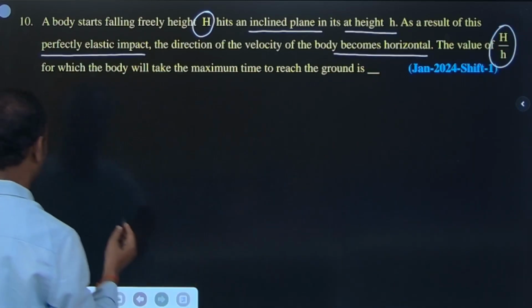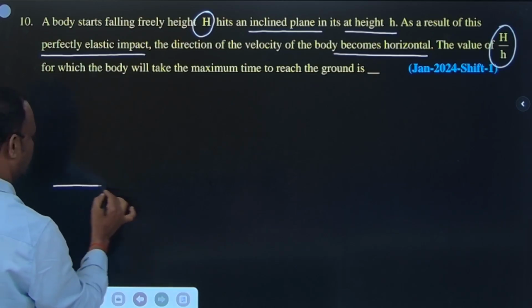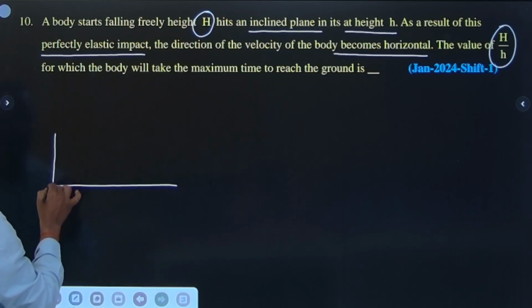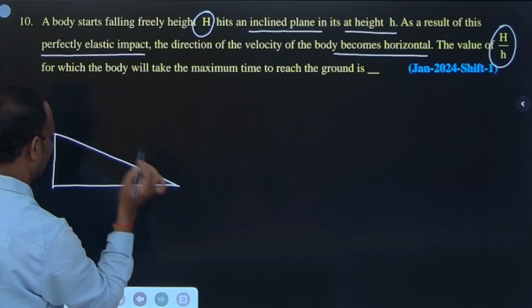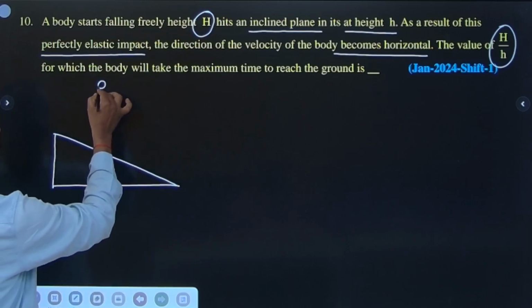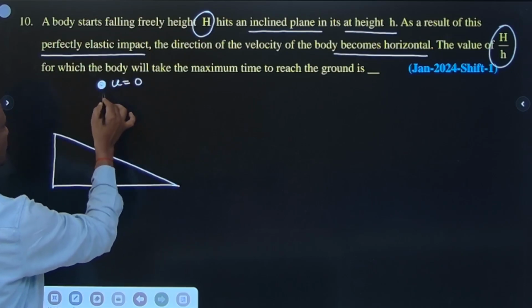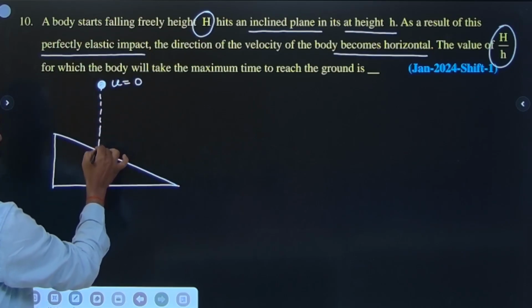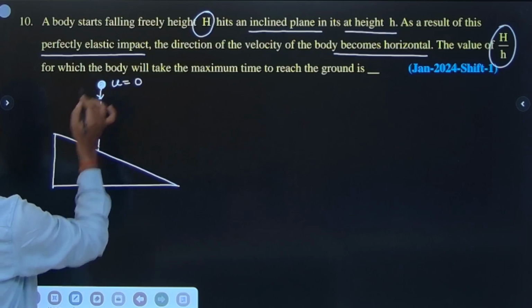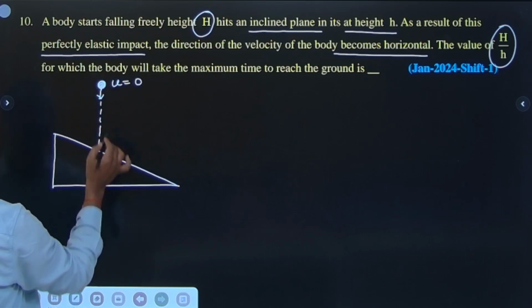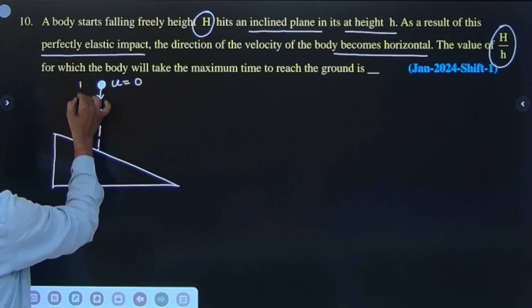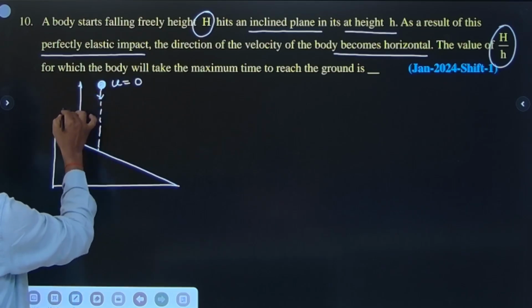So let us take this inclined plane, on which the ball is dropped. Dropped means initial velocity u is equal to 0, in the downward direction. The total height from here is capital H.